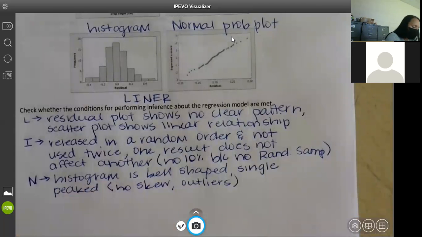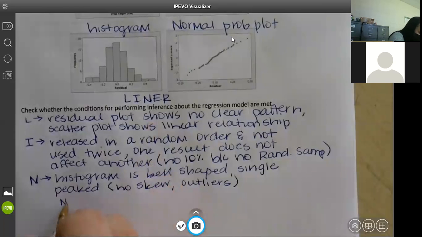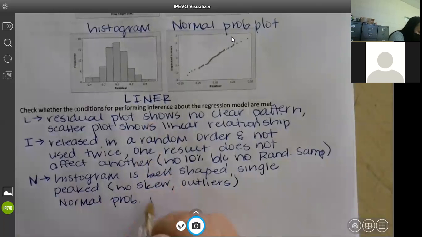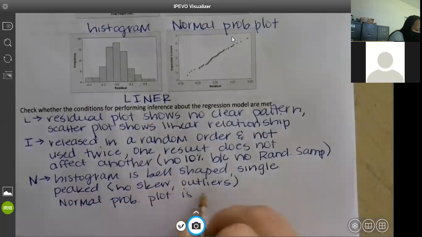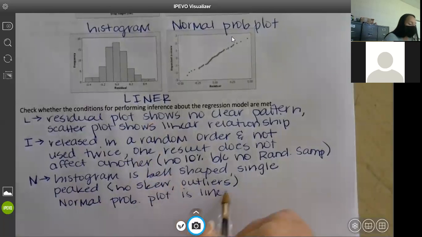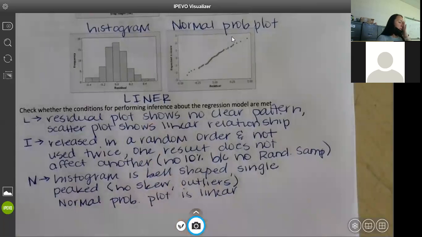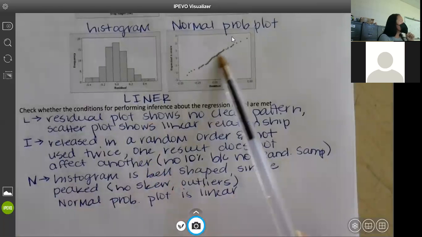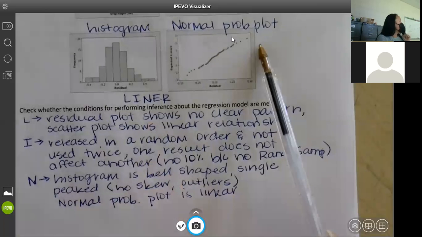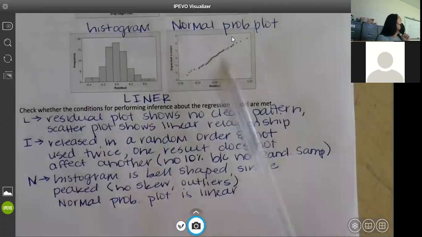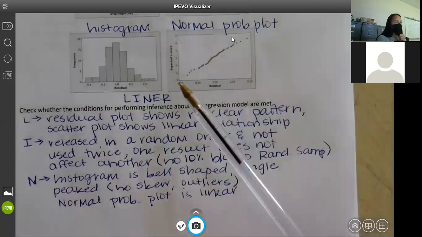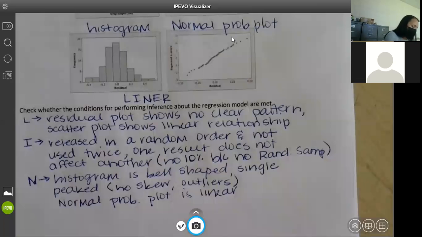And then the other thing that you're going to look at is the normal probability plot. Is it linear? If it is linear, you know that it's normal, and we don't have any skew in it. We saw these a while back and they were really curved on the end and then they became linear. So that curve is that skew, that left or right skew. This one doesn't have that curve. It's pretty much a straight line the whole way.